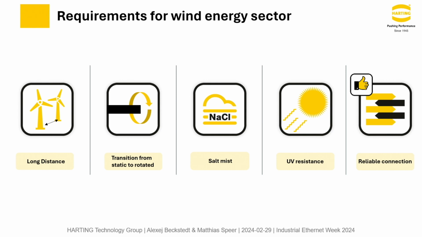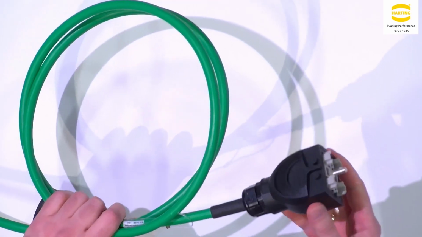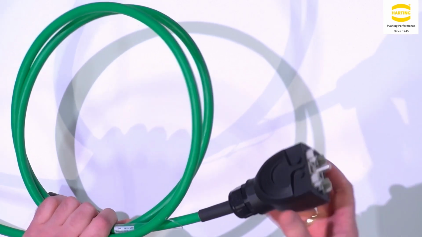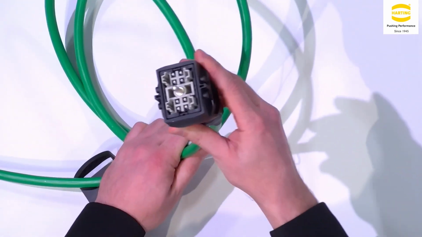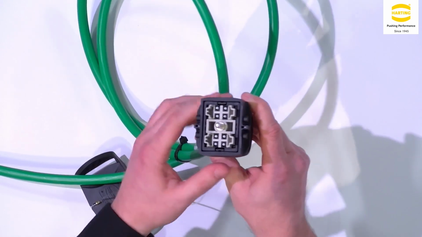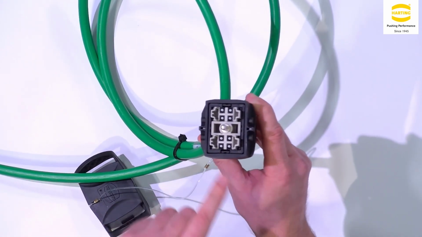I'd like to show you two samples here. First of all, we see a typical HARTING tower assembly. Here we have a high-performance plastic which we use for this kind of connector. It's the HAN-ECO. Inside this HAN-ECO, we have fiber optic modules.